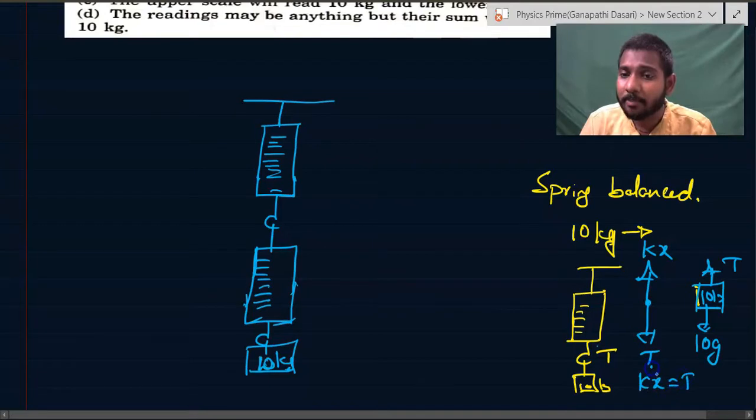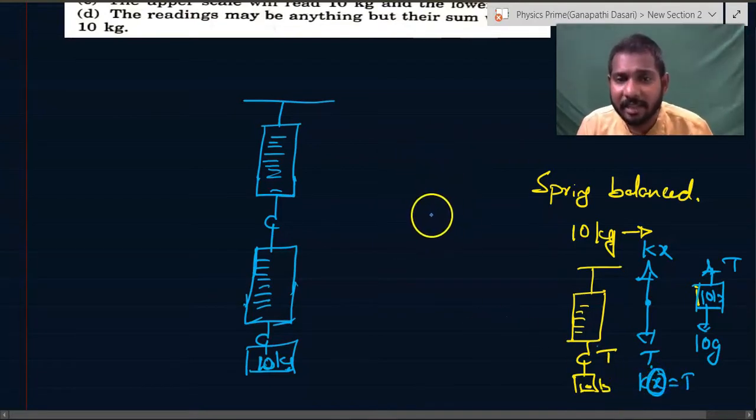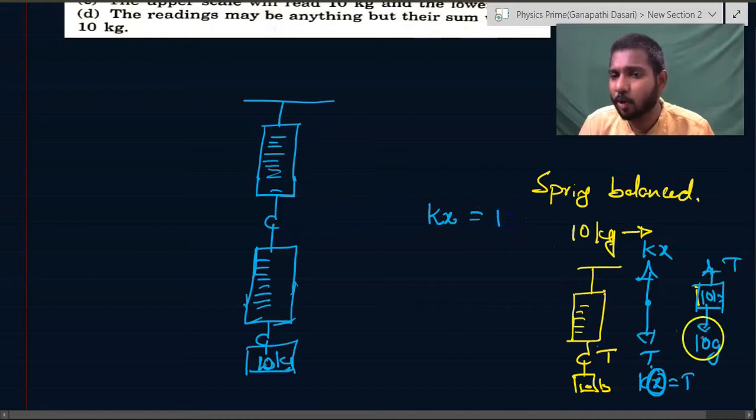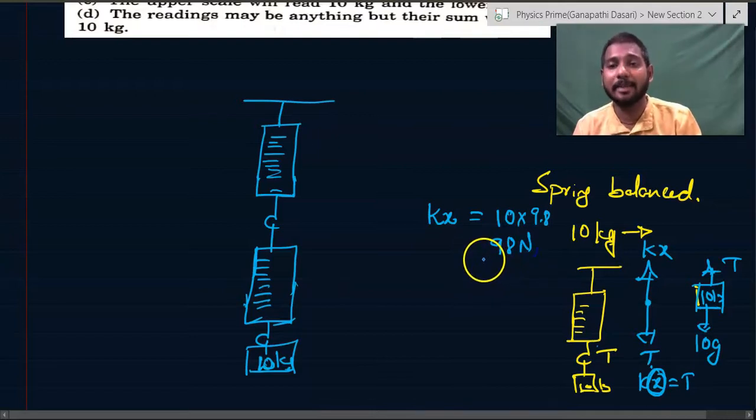Actually, this x is calibrated in such a way that, for a given kx force, in this case T is equal to 10g, then kx is equal to 10g, that is 10 into 9.8, that is 98 newtons. How is the spring balance calibrated?